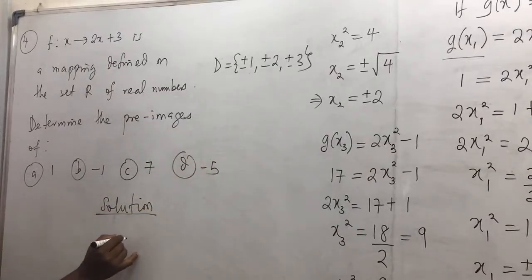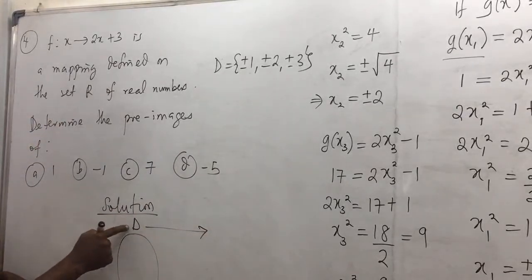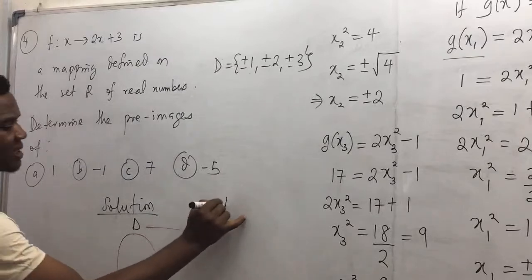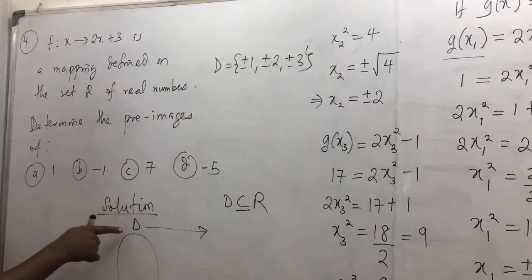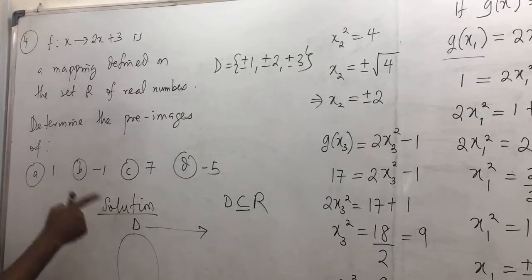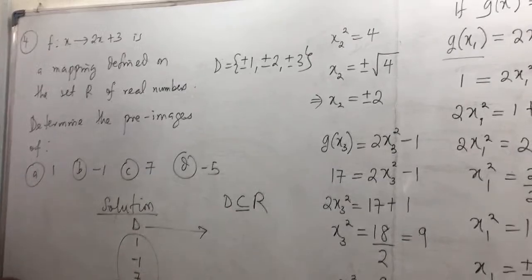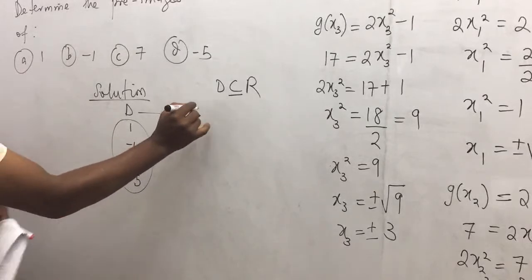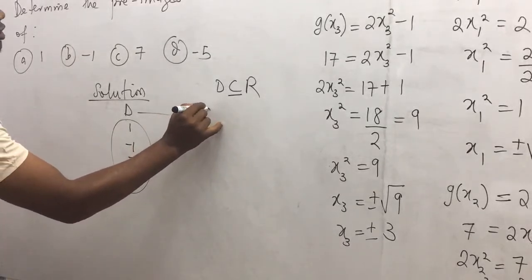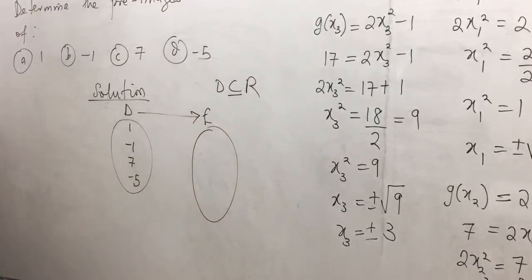Meaning that using your arrow diagram, if you call the domain D, such that D is a subset of R, the set of real numbers, then D is your domain that contains 1, minus 1, 7, and minus 5. Now, they want you to obtain the images. So let's call this set E that contains the images. Okay?